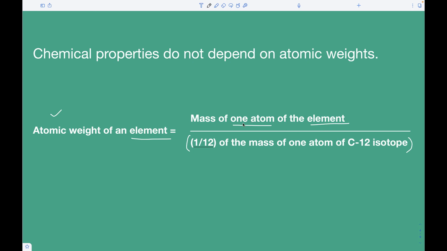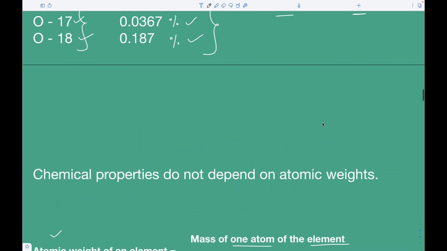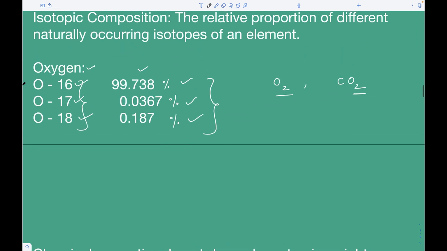But when you say mass of one atom of the element, mass of which atom of that element? Earlier we thought that all atoms of an element are identical, so it did not matter because they all must have the same mass. But after the discovery of isotopes, we understand that all atoms of an element need not be identical, so they may not have the same mass.